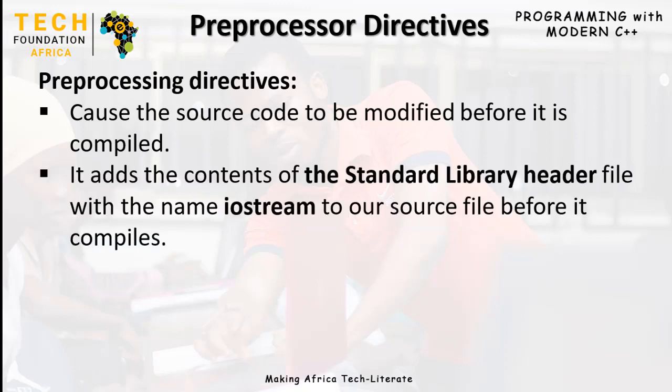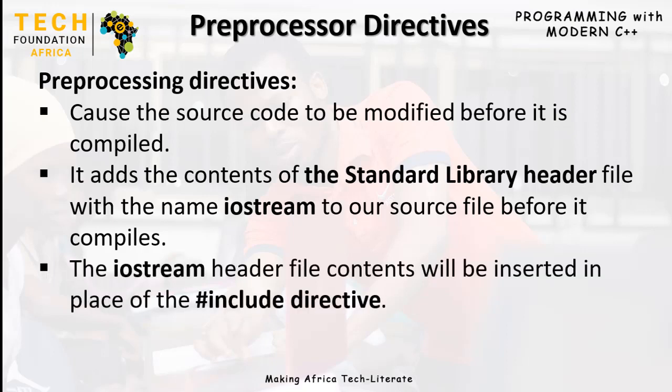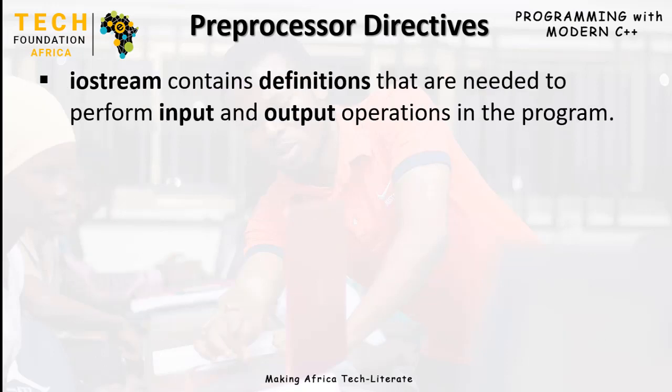Now the header files that I'm talking about, sometimes you can just call them headers, and they actually contain definitions to be used in our source file. The iostream header actually contains definitions that are needed to perform input from the keyboard and also text output to the screen, using the standard library routines or functions.